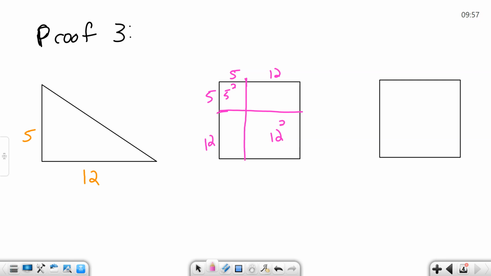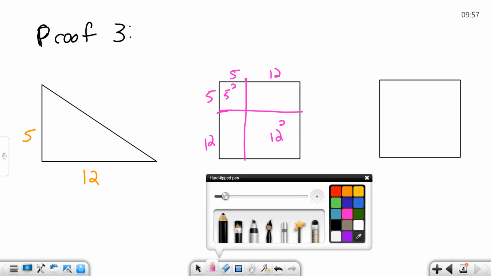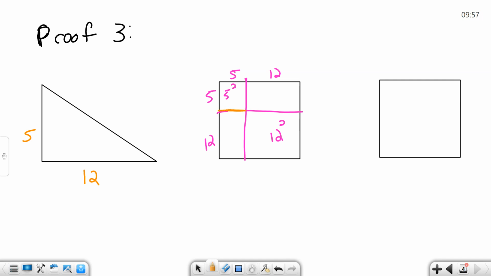And remember, this triangle over here is formed when we have a length of 5 and a length of 12. So that's going to be this diagonal. And we have 5 and 12 here. So this diagonal here would also be our hypotenuse.